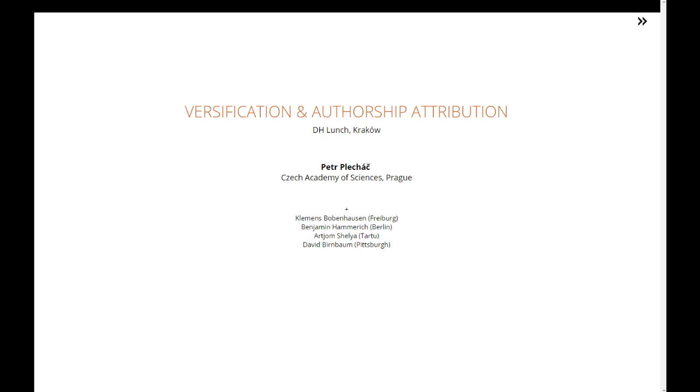I kept this presentation really simple, so please stop me anytime, and if I spend 20 minutes on Burrows's Delta, don't hesitate to tell me we've heard it 100 times, and we can spare some time to show, for instance, how these versification features may be extracted from a text. And then I will present, of course, the evaluation of the model.